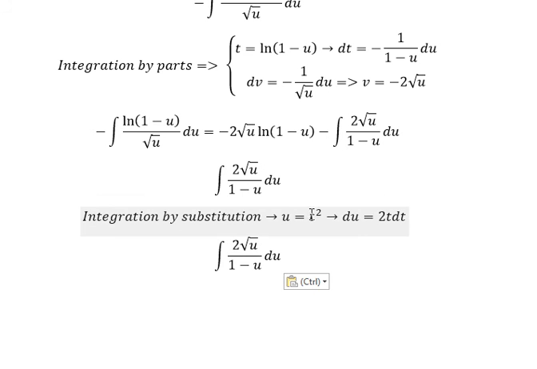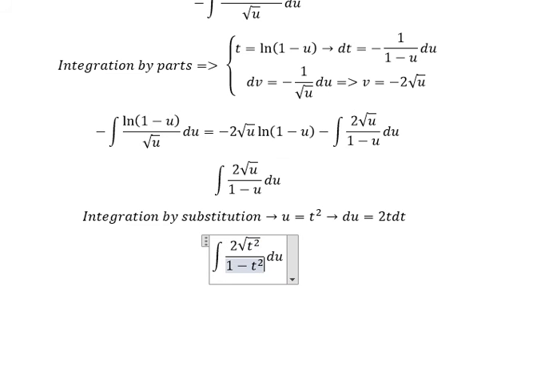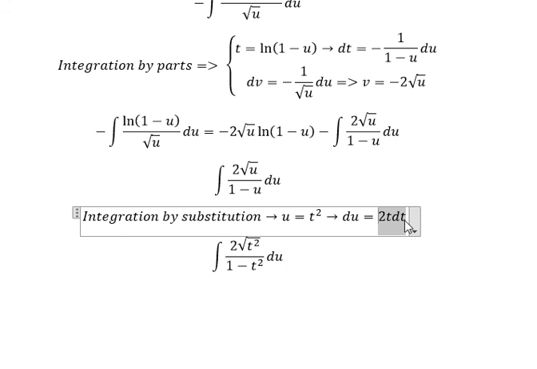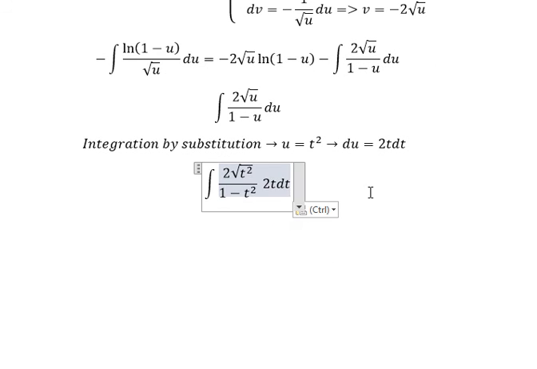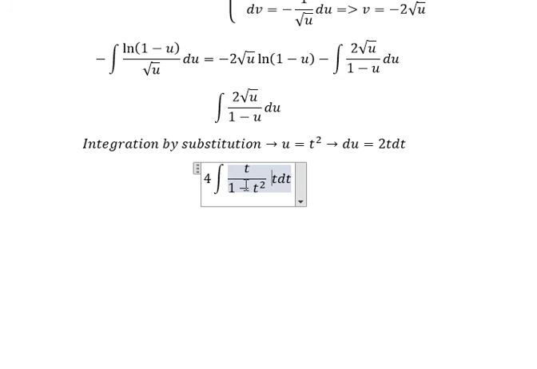About u, we put our t squared in here. This one is t squared. du we change for 2t dt. And now we have number 2, and number 2 we get number 4. This is t. t multiplied with t, you get t squared.